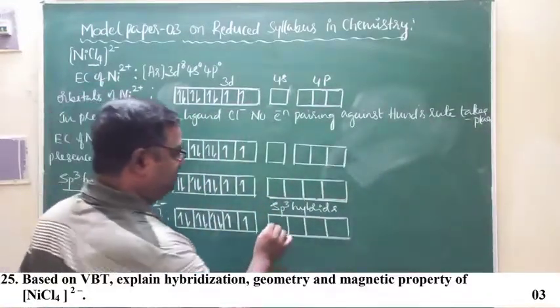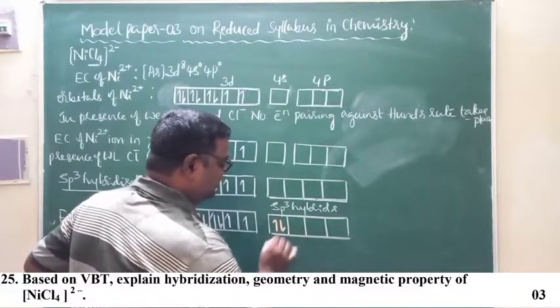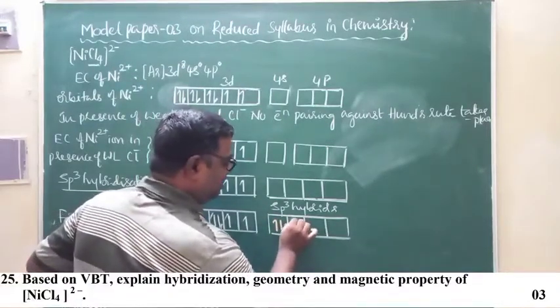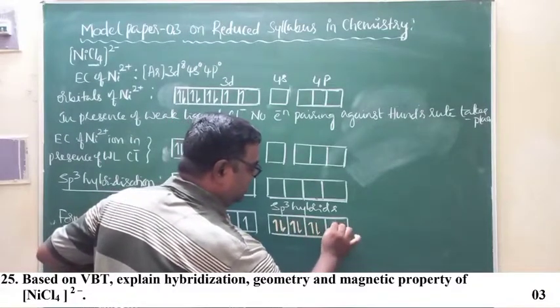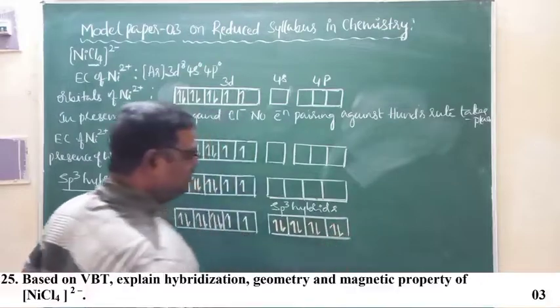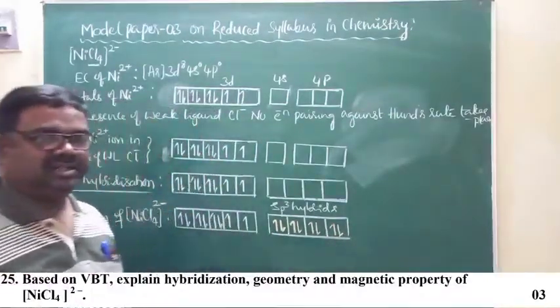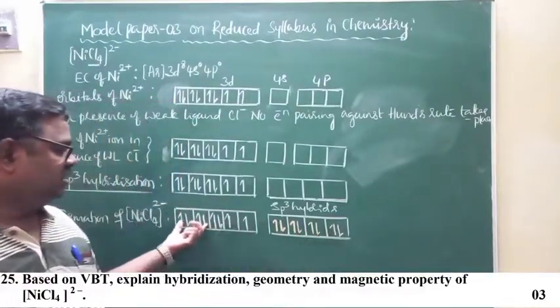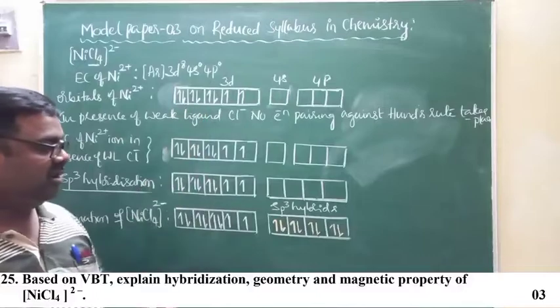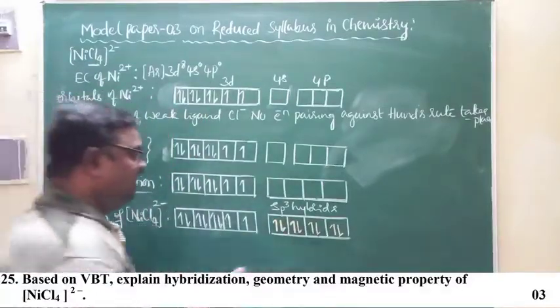Now I am using orange colored chalk to indicate the electron pairs donated from the 4 ligands. These orange colored representations are the electron pairs donated from the ligands. These are the electrons present in the central metal ion. So these are the 4 electron pairs.